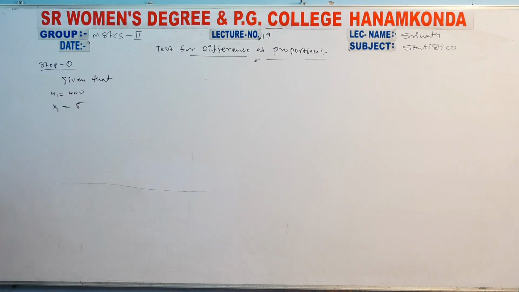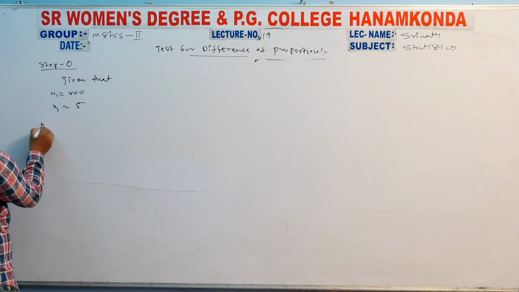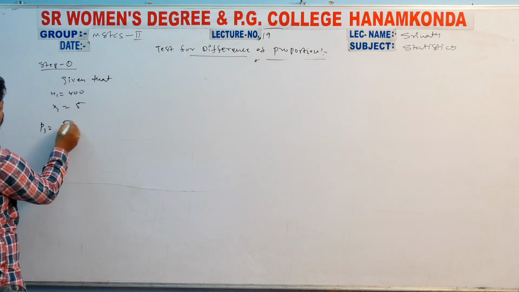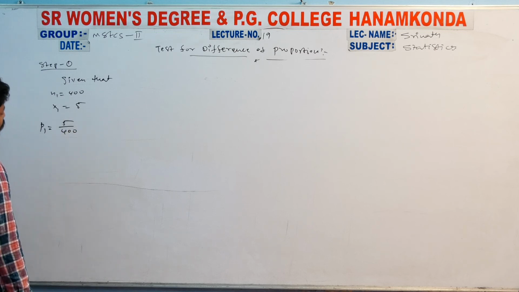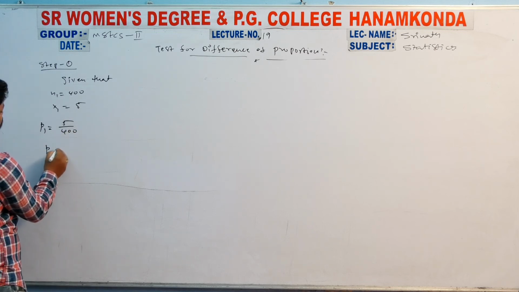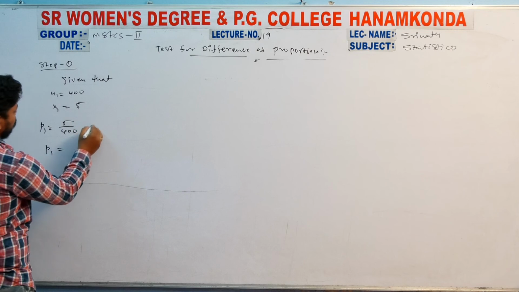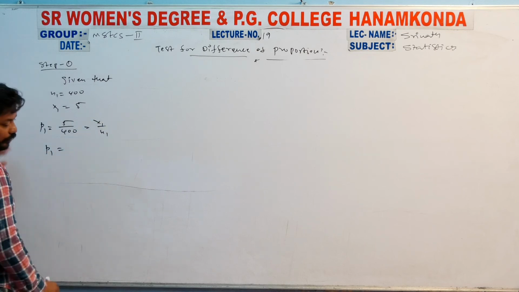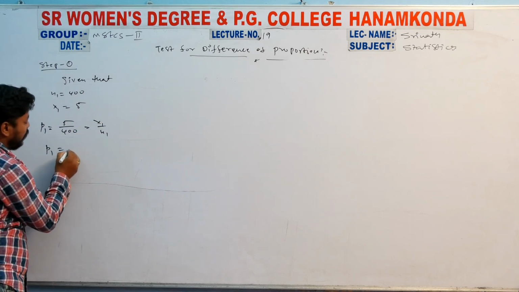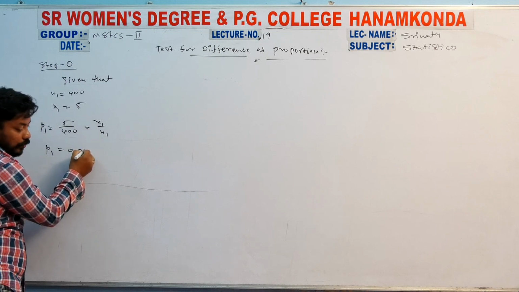The number of observations having the attribute is 5, and proportion p1, small p1, is equal to 5 by 400. The value is 0.0125.